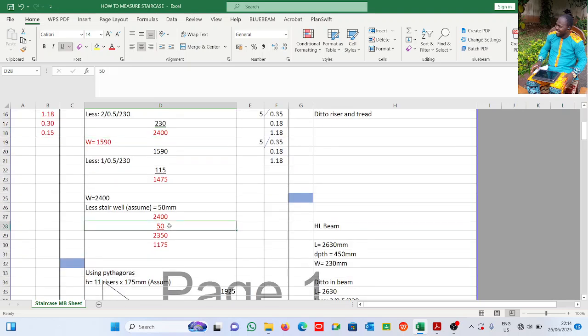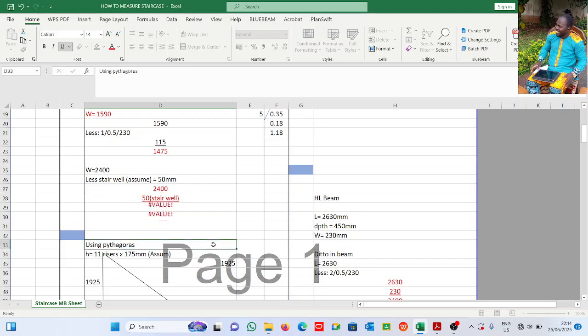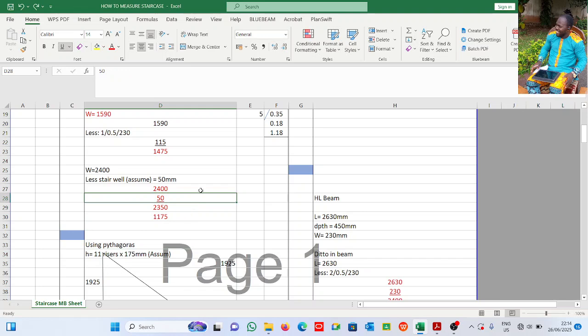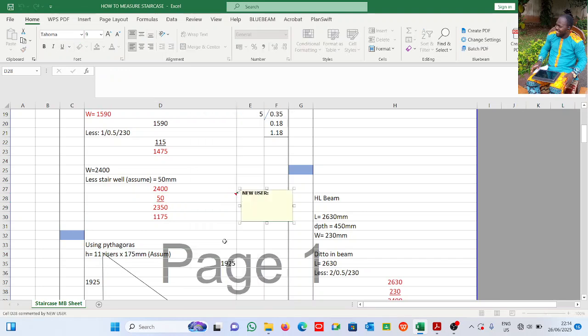Let's call this 50 stairwell. Depending on the size, it could be 100. Let me insert a comment and call it stairwell. So this 50 is stairwell.